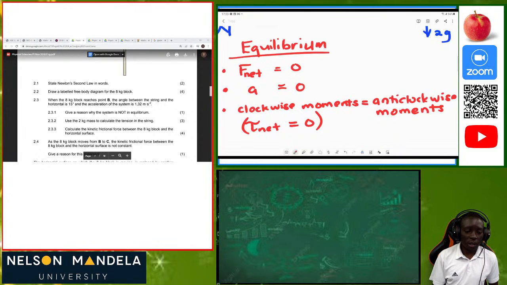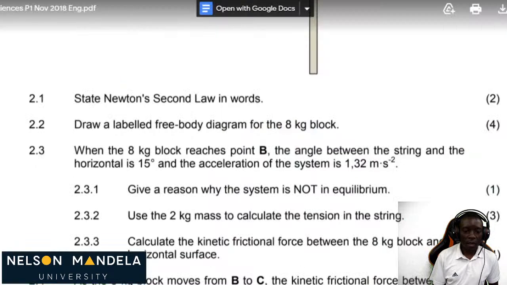Now, when the question asks why the system is not in equilibrium, it is because there is acceleration. The acceleration is not 0. Also for this system, there is a net force acting in the system, so it is not in equilibrium. Or we can say there is an unbalanced force, or the net force is not equal to 0.